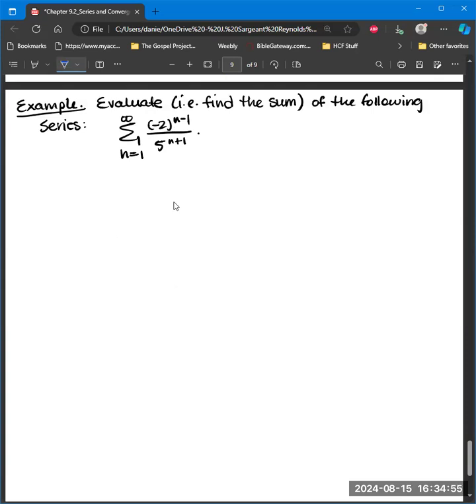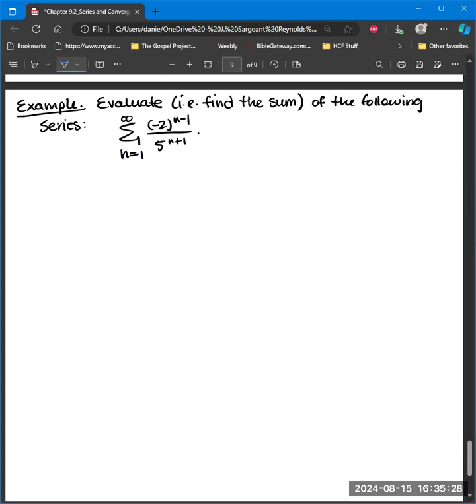So, find the sum of the following. First things first, let's identify what type of series this is. This starts at n equals 1. We're going to want to plug in and start seeing what this does and rewrite it.